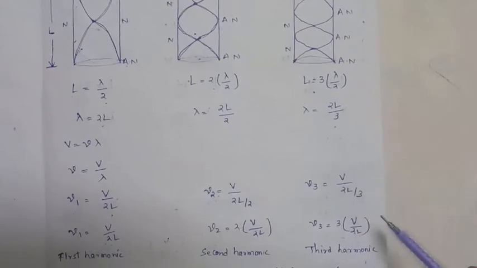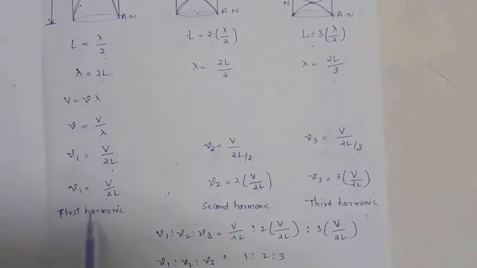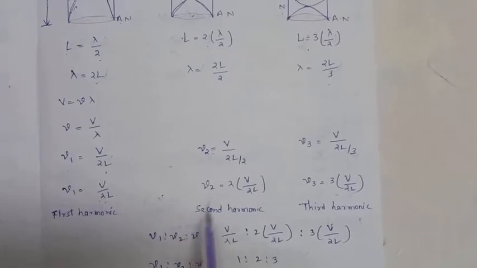In the third possibility, nu3 is equal to v by 2L by 3, that is 3 into v by 2L. So nu1 in the first mode is v by 2L, nu2 is equal to 2 into v by 2L, nu3 is equal to 3 into v by 2L. This one is called the first harmonic, and the second is an integral multiple of the first one, that's why it is called the second harmonic.